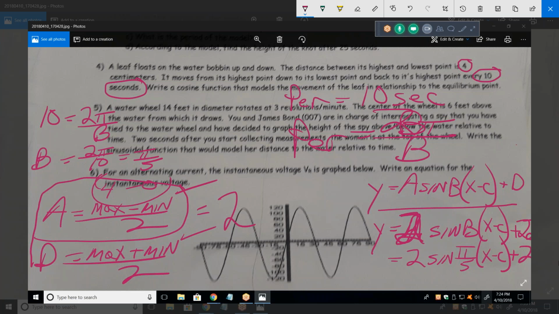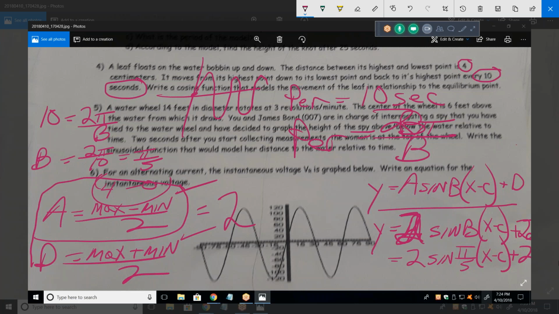Now, the only question is what is c? Well, c is the phase shift. In other words, if there is no phase shift, this thing starts right here. It bobs up, it bobs down, it bobs up, it bobs down, it bobs up.